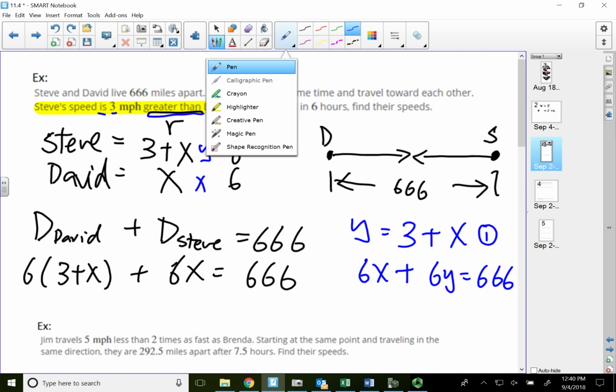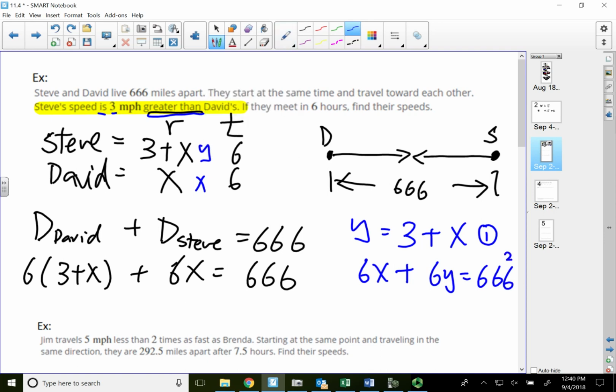So if I do a substitution, take my y equals 3 plus x and substitute into the second equation for y.